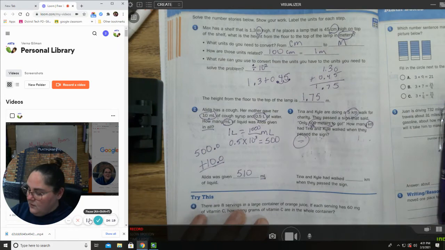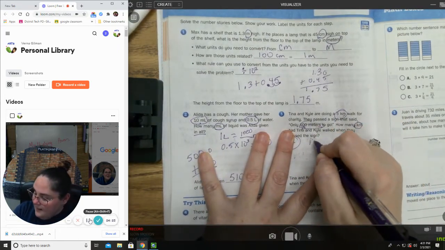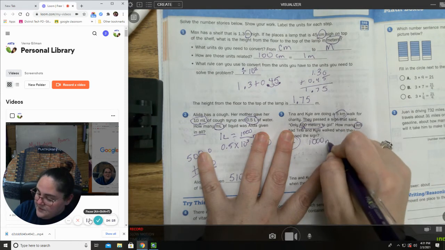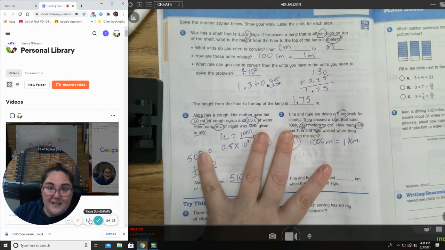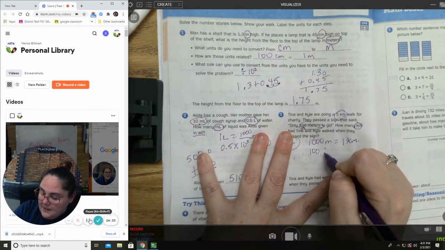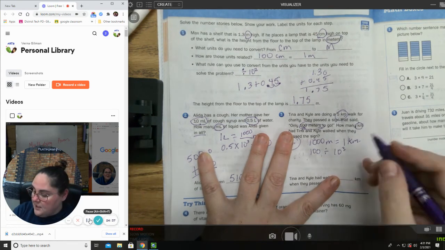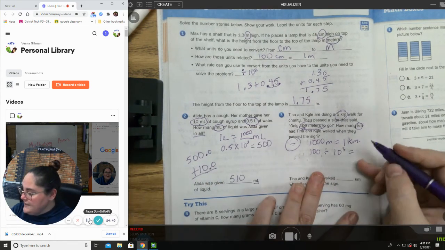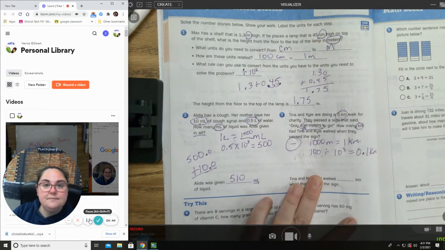All right, here we go. So we know that 1,000 meters equals 1 kilometer. So I'm going to divide. So I'm going to do that 100 divided by 10 to the third. That's how I'm going to find my answer. 100 divided by 10 to the third is the same thing as 0.1 kilometers.